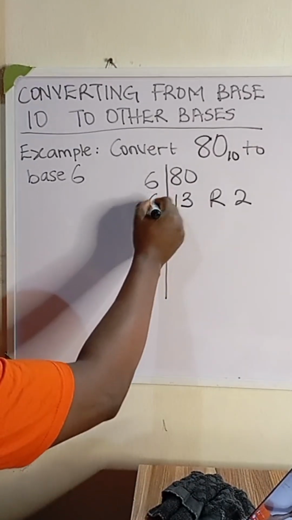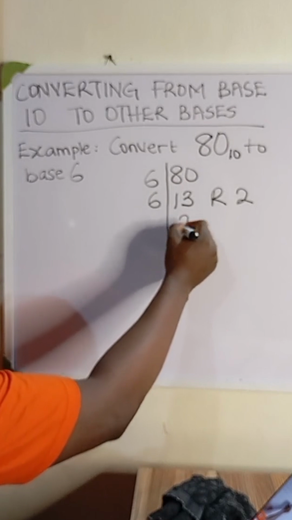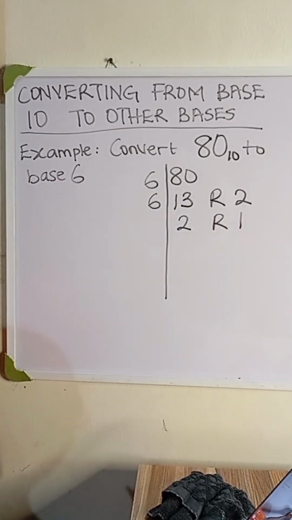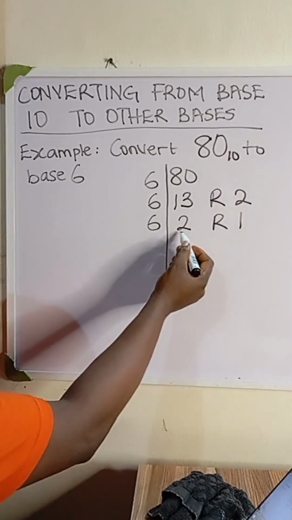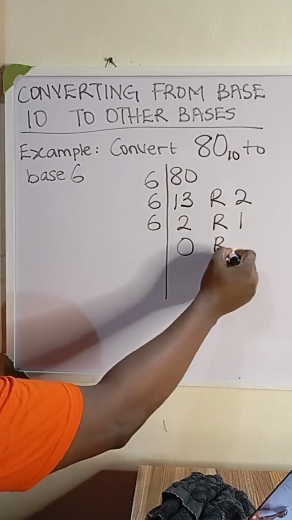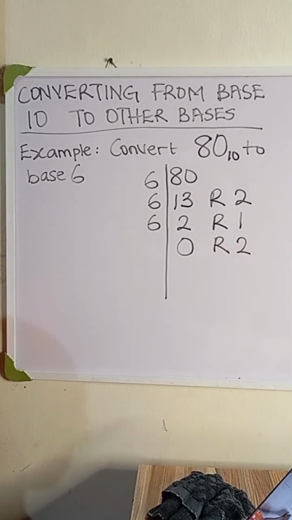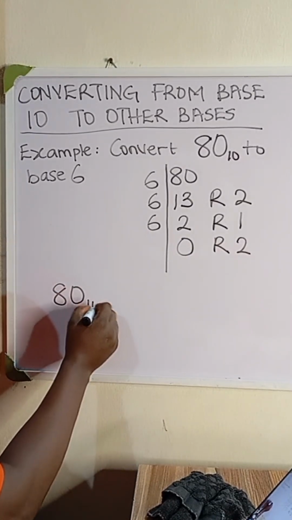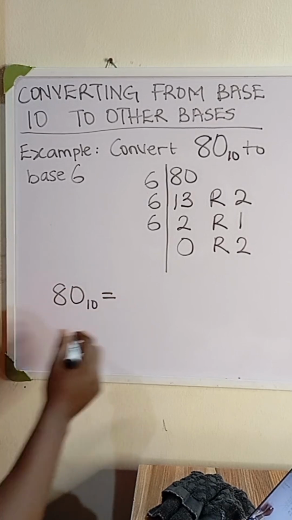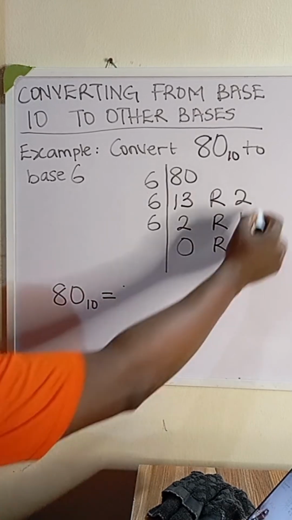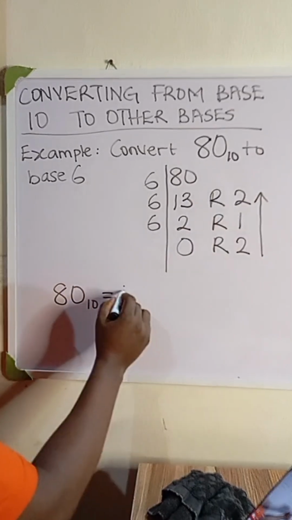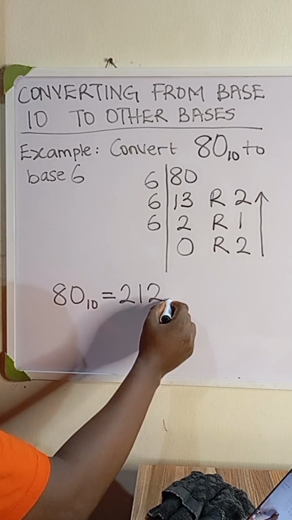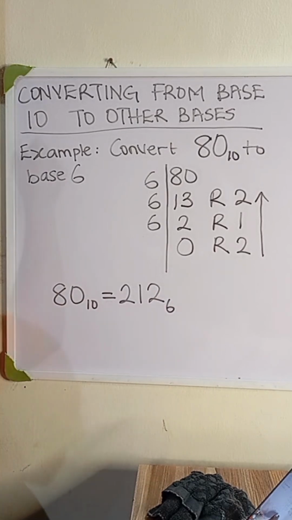And then 13 divided by 6 gives you 2, remainder 1. And then 2 divided by 6 gives you 0, remainder 2. Okay. That means 80 base 10 is equal to 212 base 6. That gives us the answer.